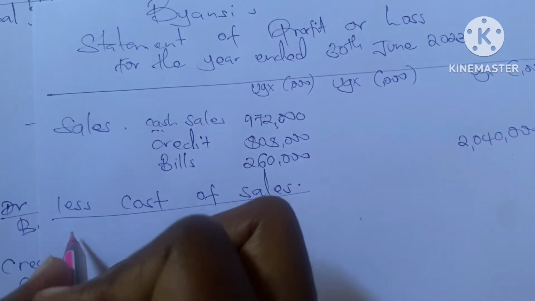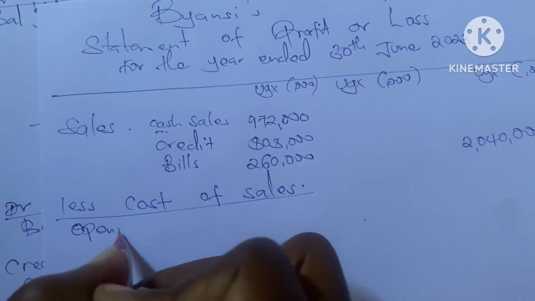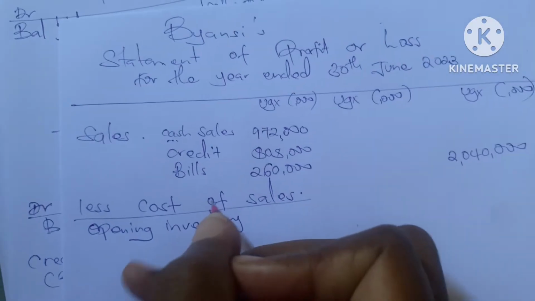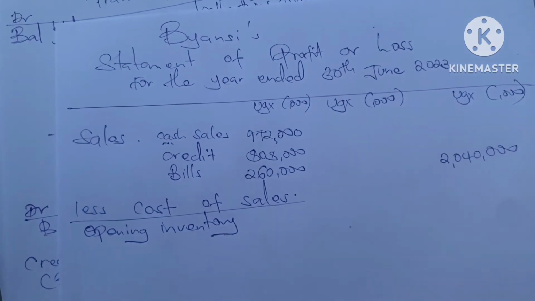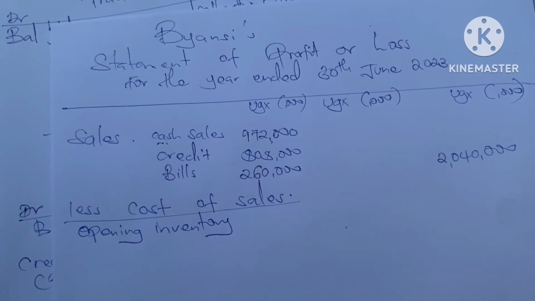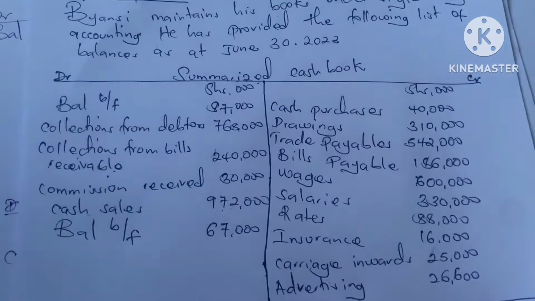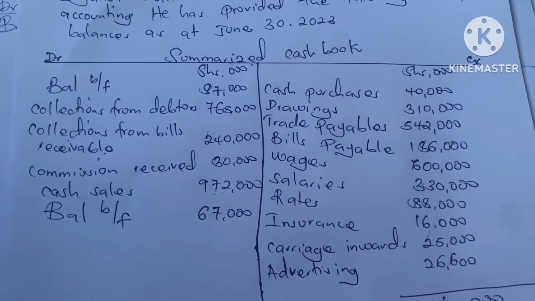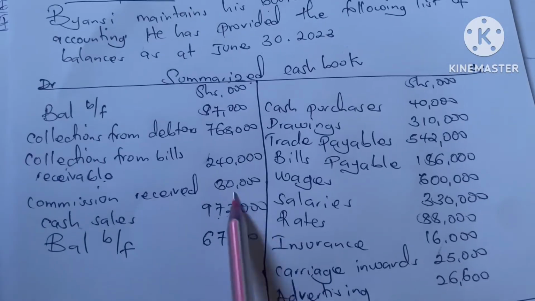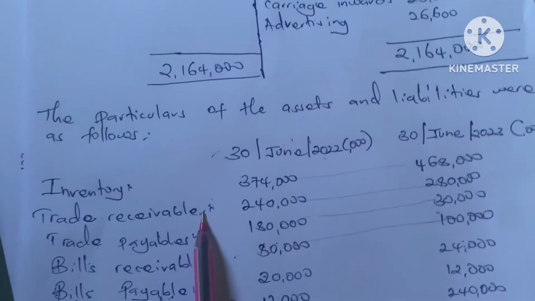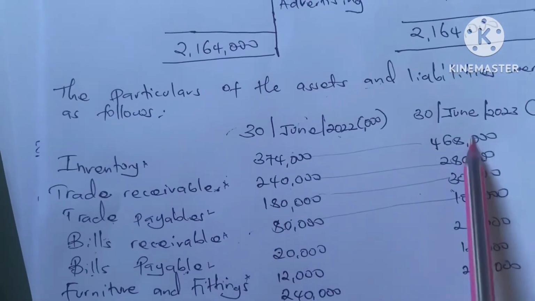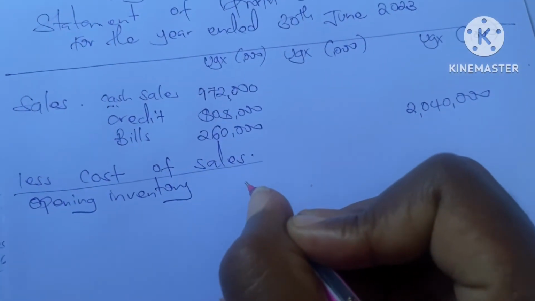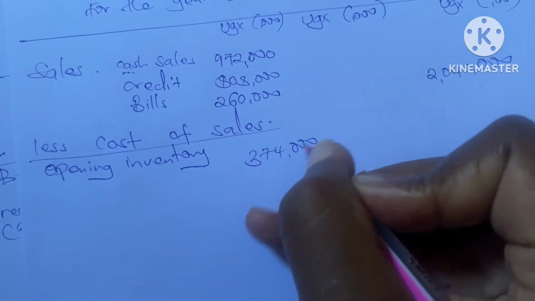What do we have under cost of sales? We have opening stock or opening inventory. Opening inventory is here, we have inventory. This is the opening, this is the closing. So this is our opening inventory, 374,000.